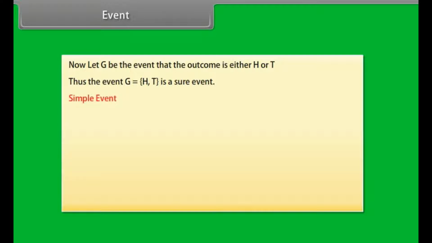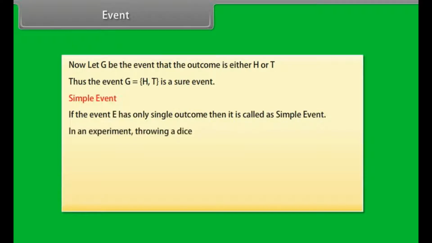Simple event. If the event E has only a single outcome, then it is called a simple event. To understand it, let's take an example. In an experiment, throwing a dice, the sample space is S is equal to {1, 2, 3, 4, 5, 6}.